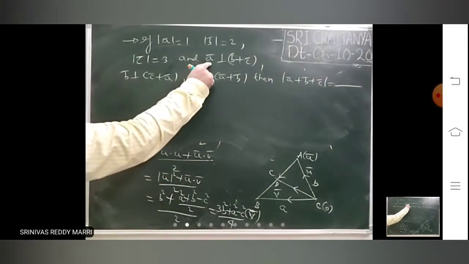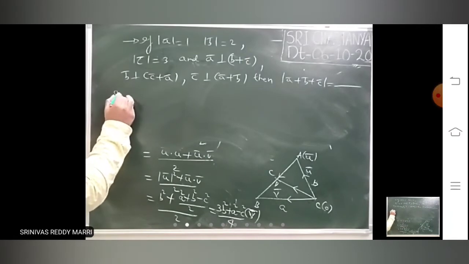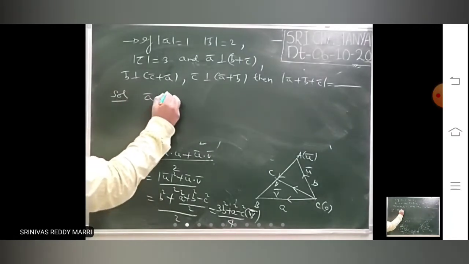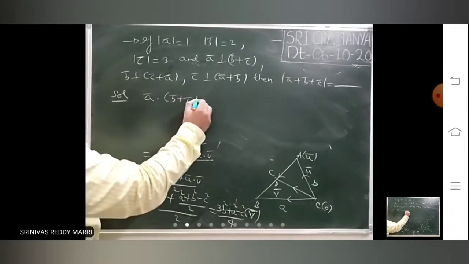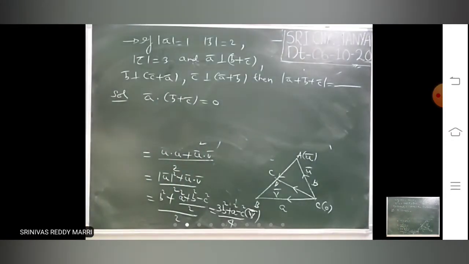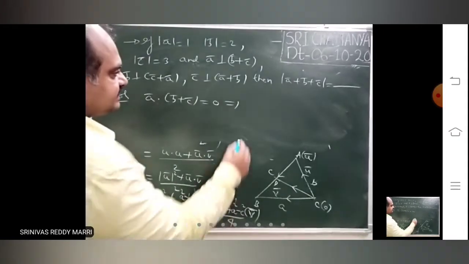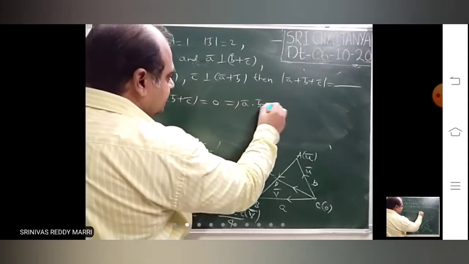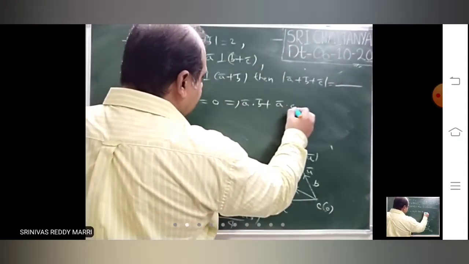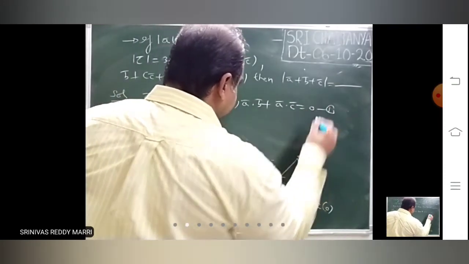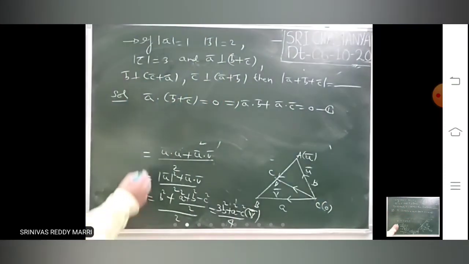Now look at a bar perpendicular to b bar plus c bar given. That means a bar dot b bar plus c bar equal to 0. Perpendicular means their dot product is 0. That means a bar dot b bar plus a bar dot c bar equals 0, first equation.